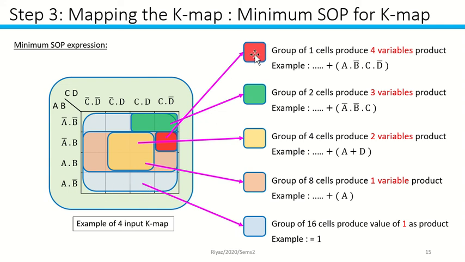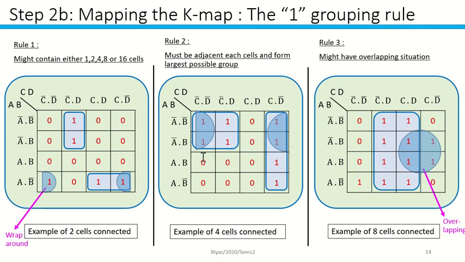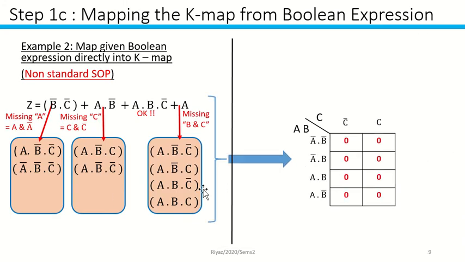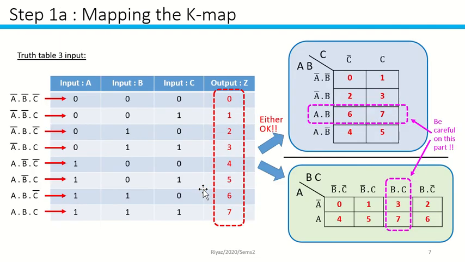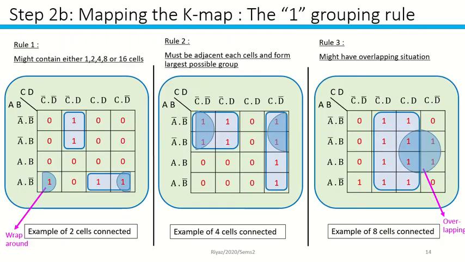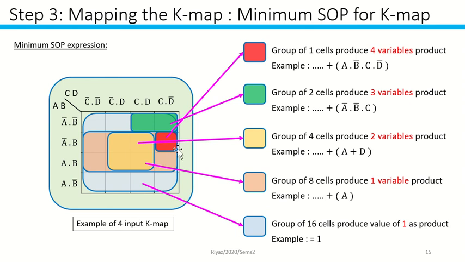For example, the red color, a group of one cell, only one cell over here, not connecting to the top one or bottom one or left or right. So you stand alone like this, so only one.